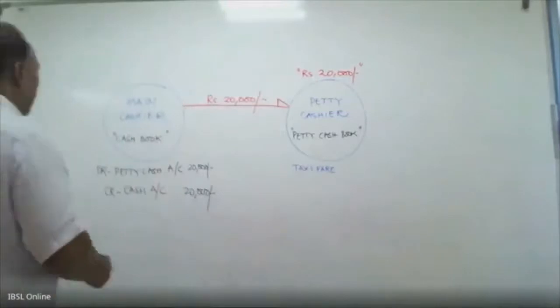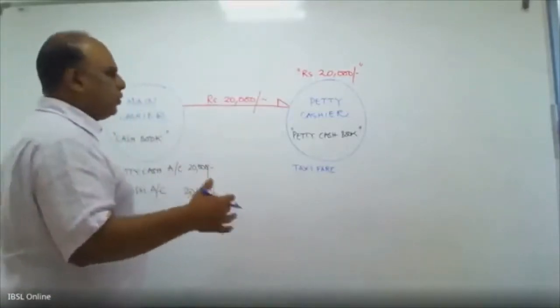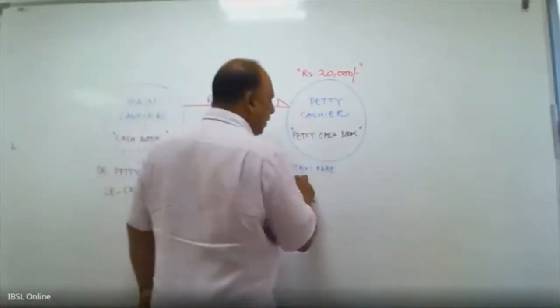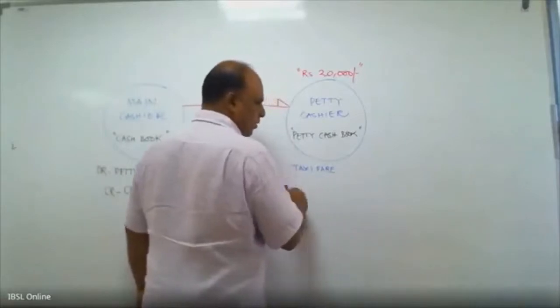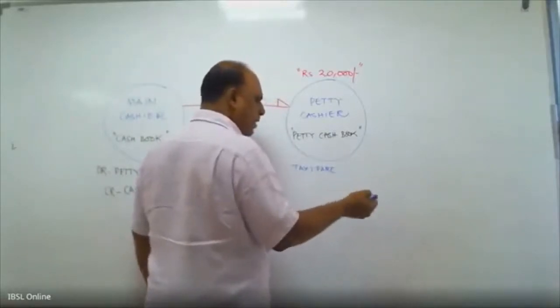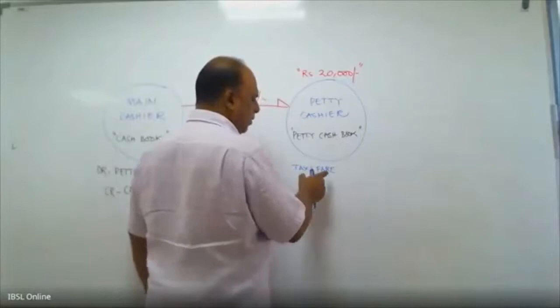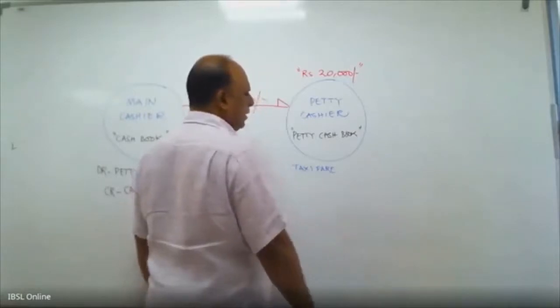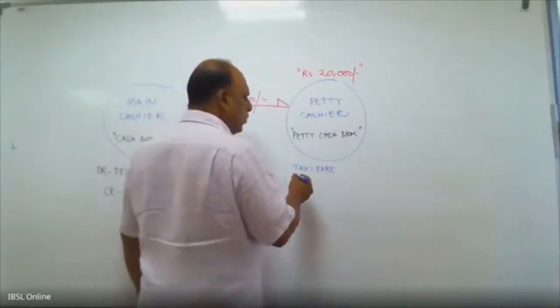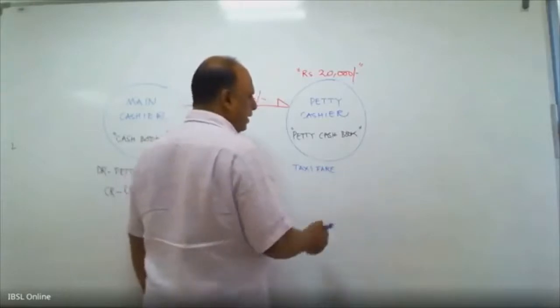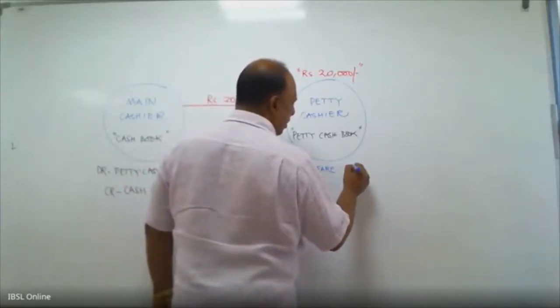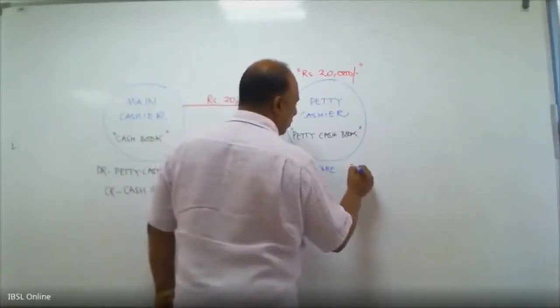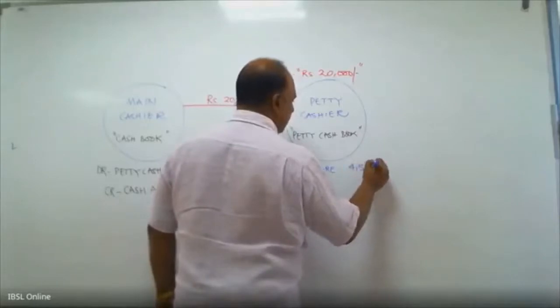As and when he goes, this petty cashier will keep a record. What bills are supposed to be kept, all these particulars will be handled by the petty cashier. Let's assume the total taxi fare during that particular month was 4,500. I'm just taking an example.